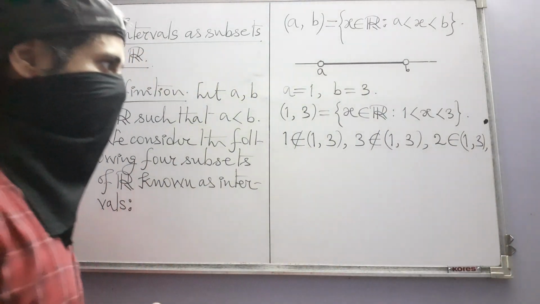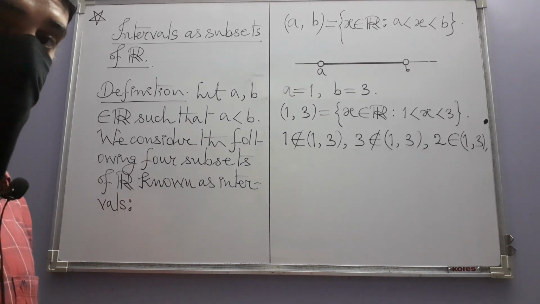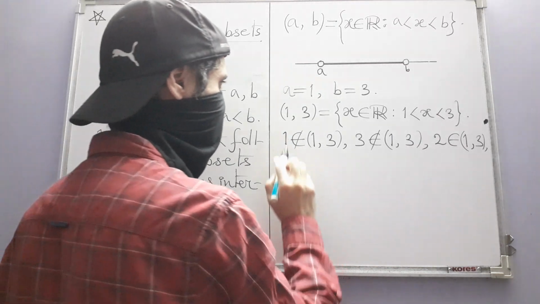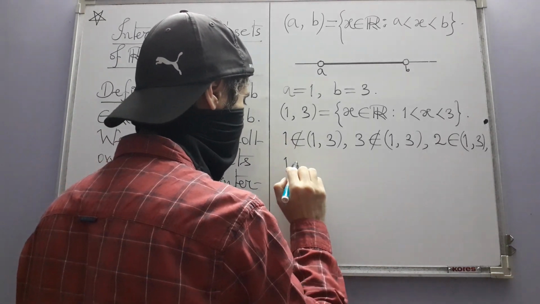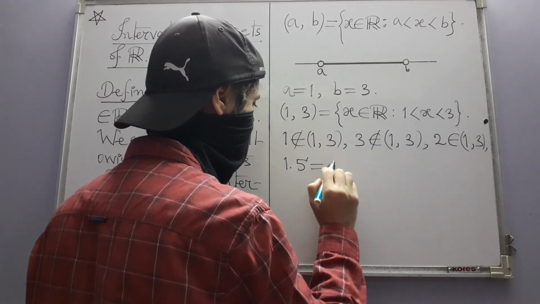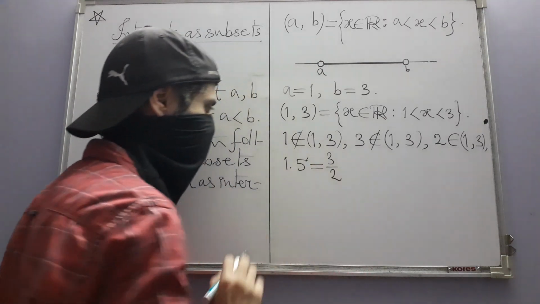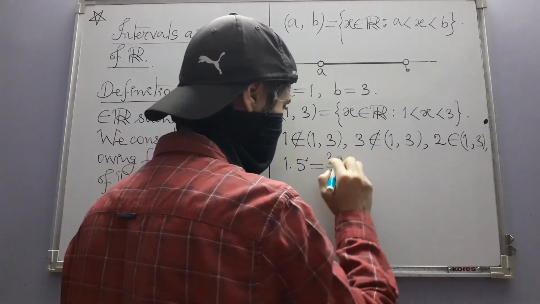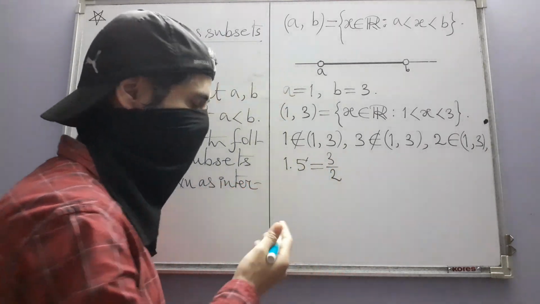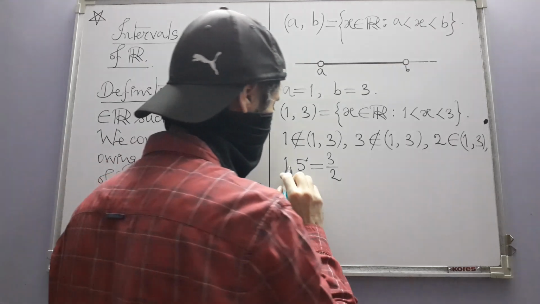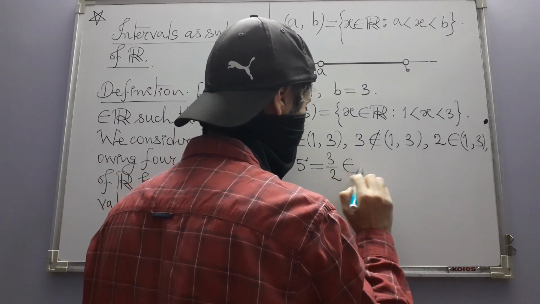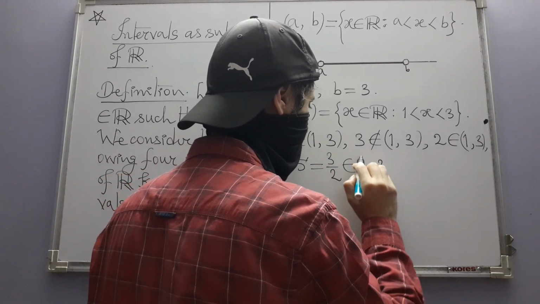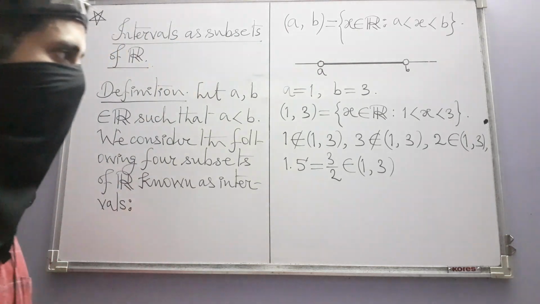And not just that, rational numbers will also be there. For example, 1.5, which is also of this form 3/2, so that you know it's rational, only it's expressed in the decimal representation like 1.5. This also belongs to (1, 3).